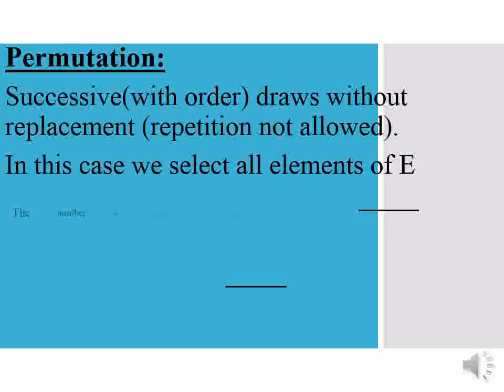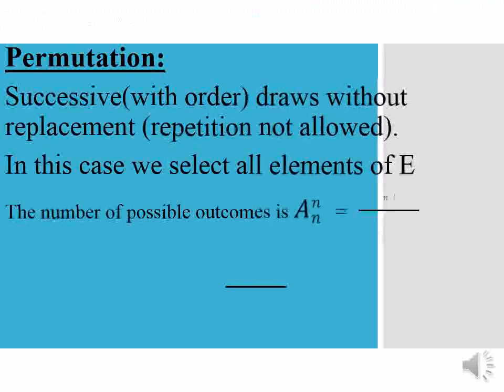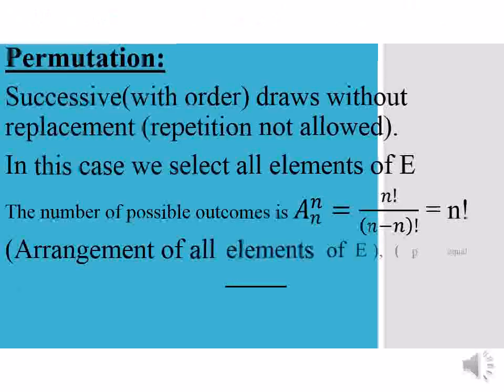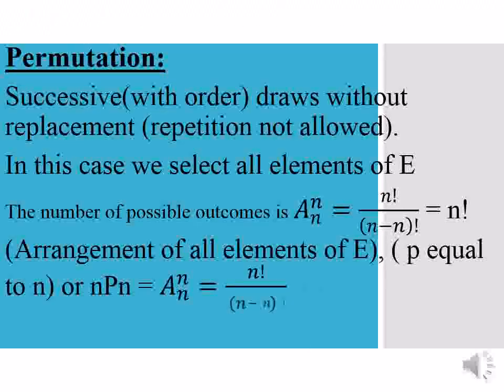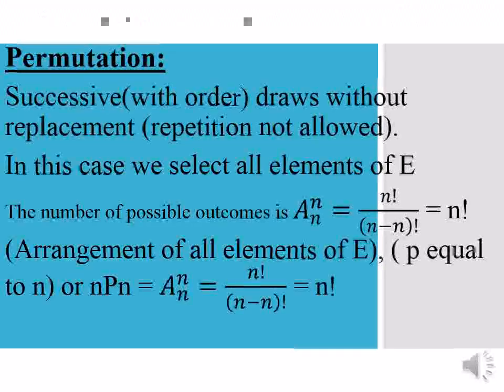The number of possible outcomes, as you see, not A n p, it is A n n, which is equal to n factorial over (n minus n) factorial over 0 factorial, that means n factorial. It is an arrangement of all elements of E. We select all the elements of E without replacement and with order, with the word successive.